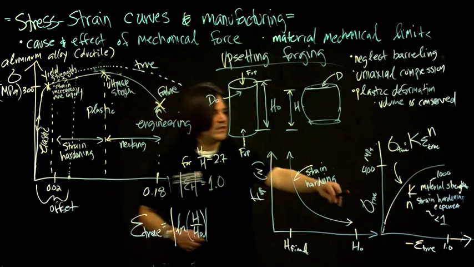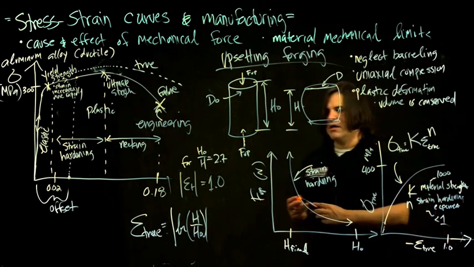So that's what this 1 is here. This means that it shrank by about 2.7 times.